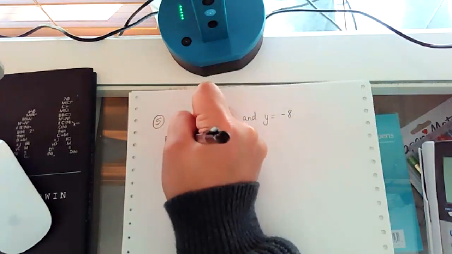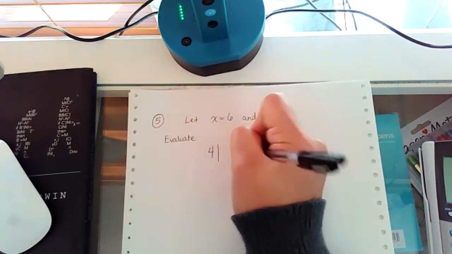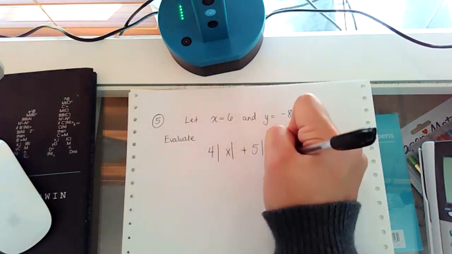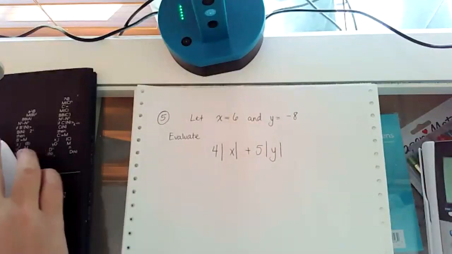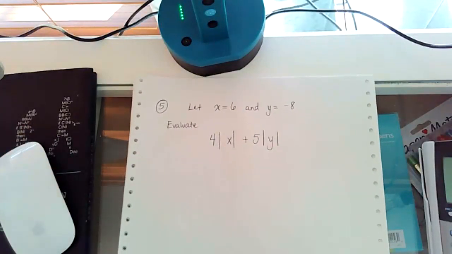Evaluate 4 times the absolute value of x plus 5 times the absolute value of y. And that's the way you got to read it.